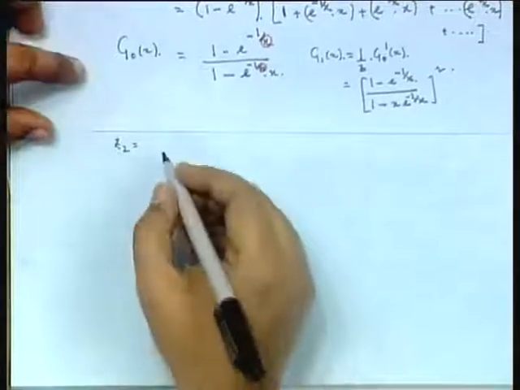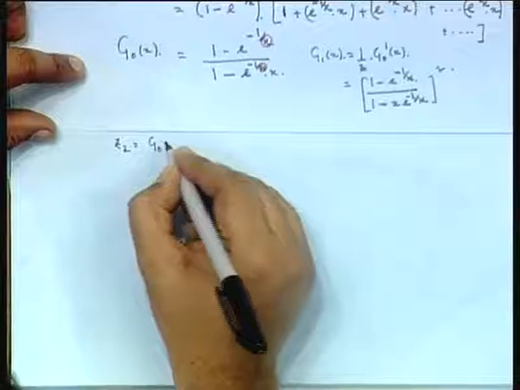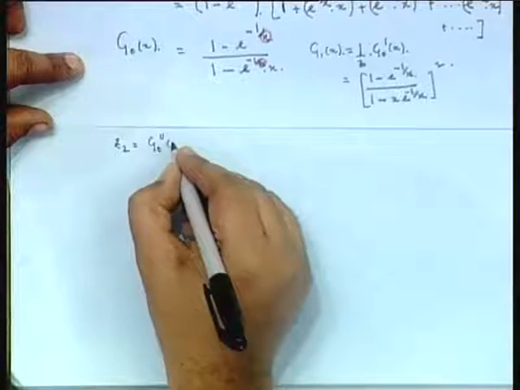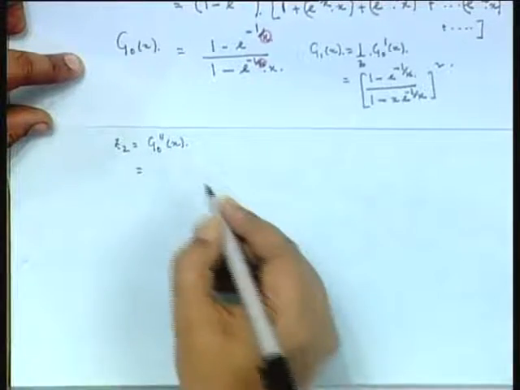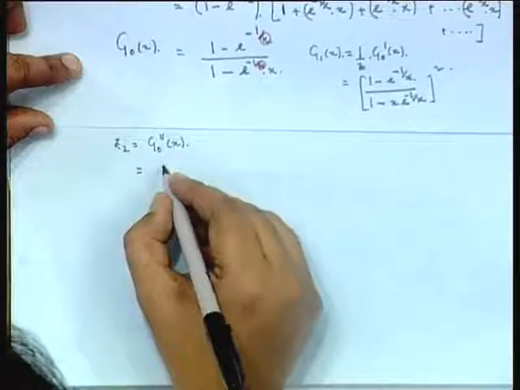Z2 is again z0. Okay. So, what is z0 dash x?